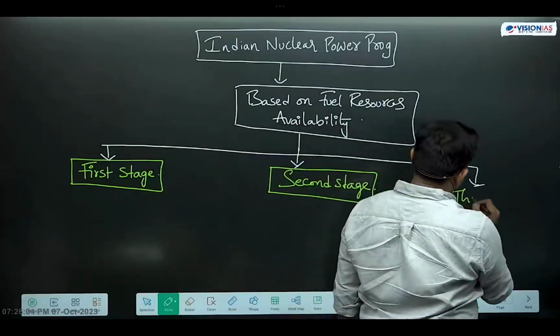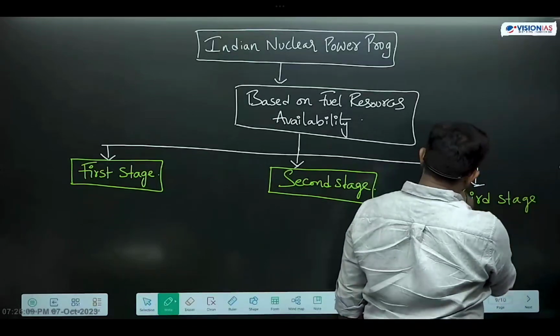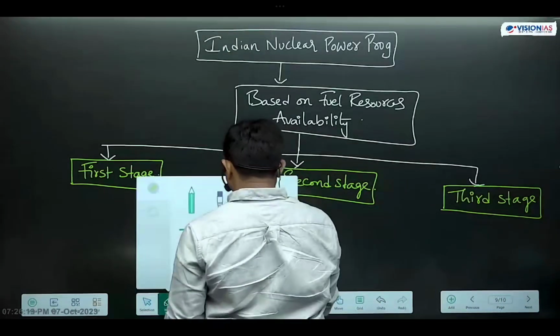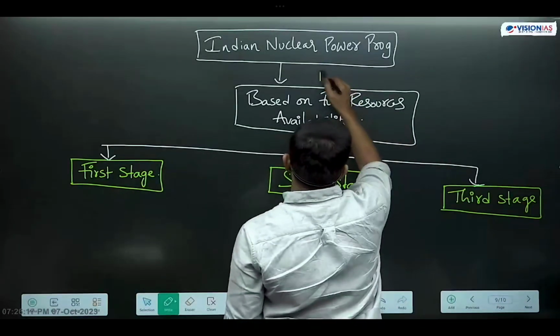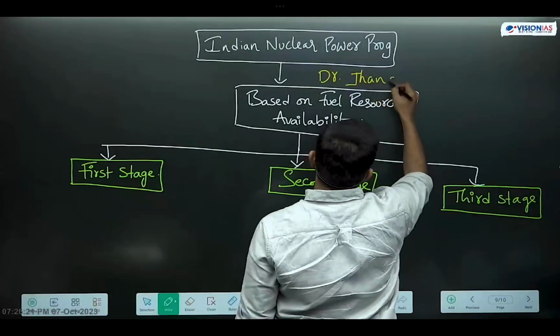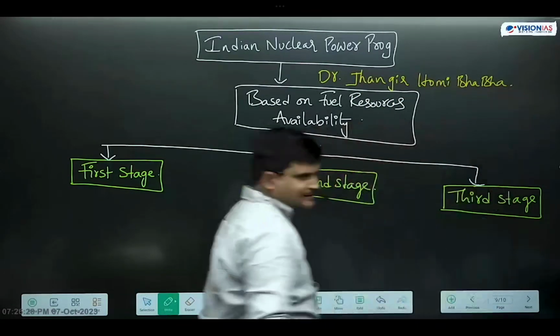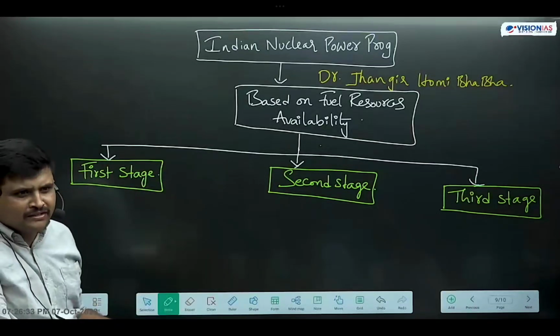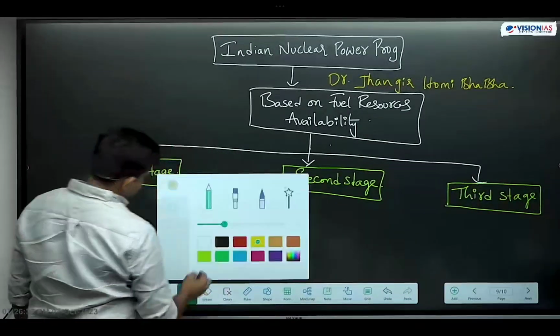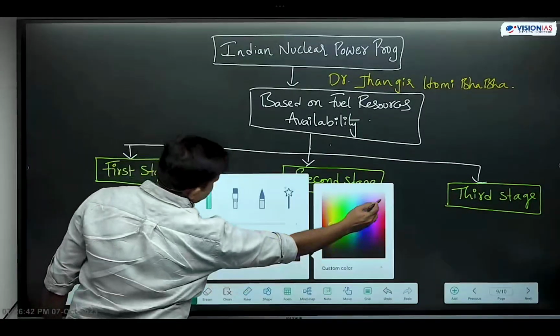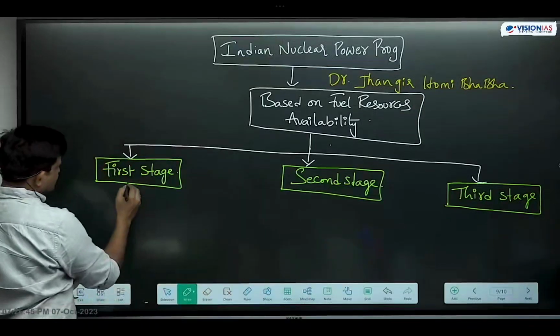Who categorized the Indian nuclear power program into 3 stages? Dr. Homi Jehangir Bhabha. He is considered the father of the Indian nuclear power program. The first stage of nuclear reactors is pressurized heavy water reactors.